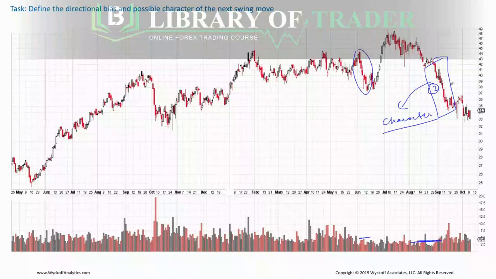Yeah, absolutely. It's a little bit tricky. I could probably find some examples right off the top of my head where we have the same type of signatures and it resolves itself in more downward movement. So we still need to figure out how to resolve this, but the key here is in the character.